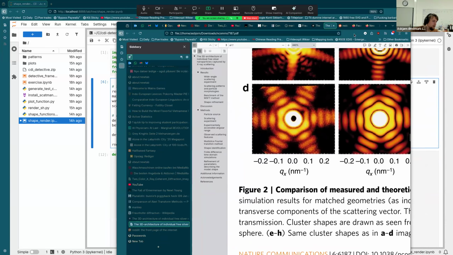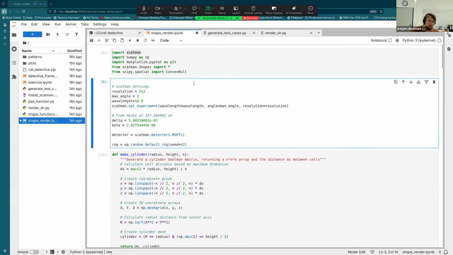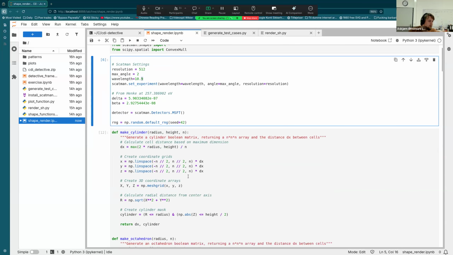So you set a resolution, you set an angle, and then you set a wavelength. This wavelength is technically not unitless, but you just set it to whatever unit you're using to set your shapes, which we will come to in a little bit. So I'm just using nanometers.